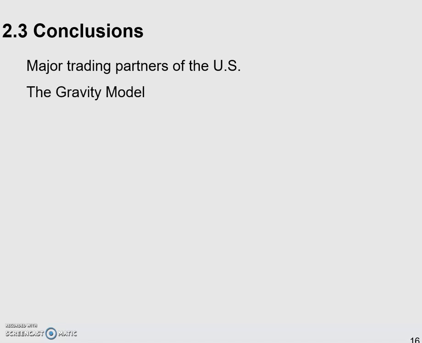I believe it's a very straightforward chapter. Okay. So we started by looking at some interesting facts about the major trading partners of the United States. And then we looked at the gravity model, trying to explain what matters for trade volume between two economies. We found that size and distance are two important factors.